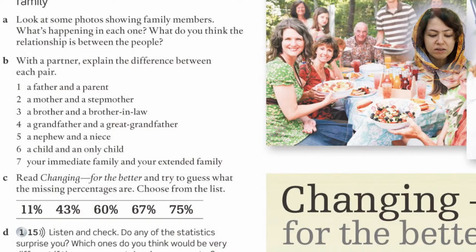A child, child. The synonym for that is a kid. And an only child. If I don't have any brothers or sisters, I'm an only child in the family, okay?